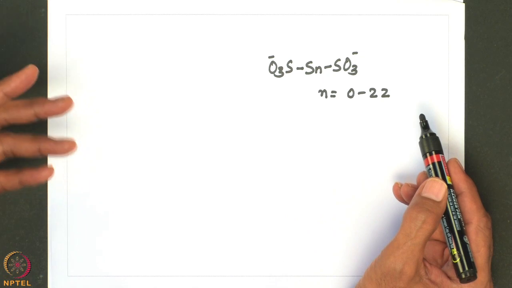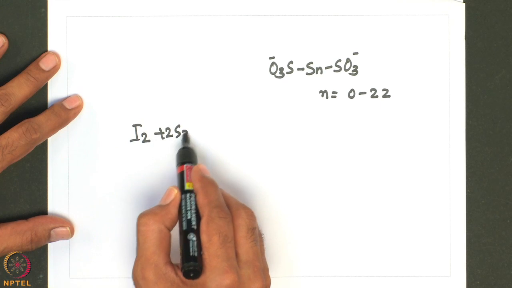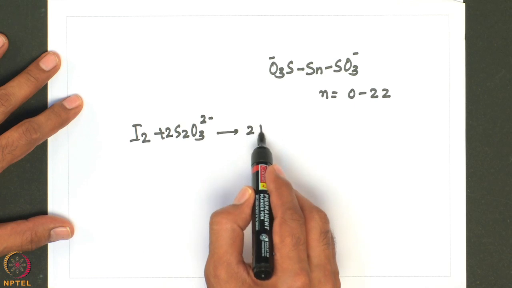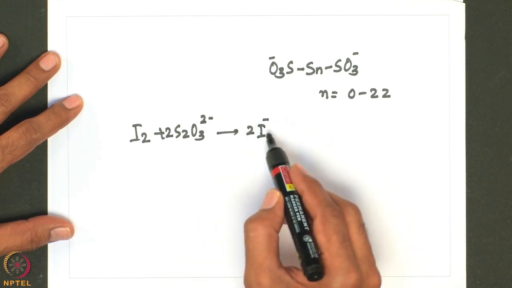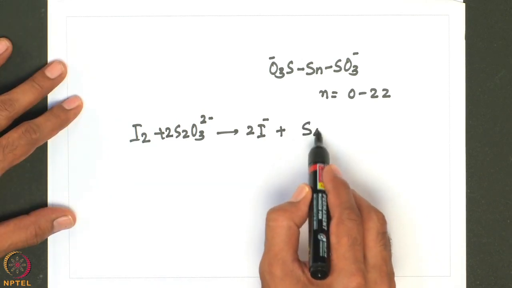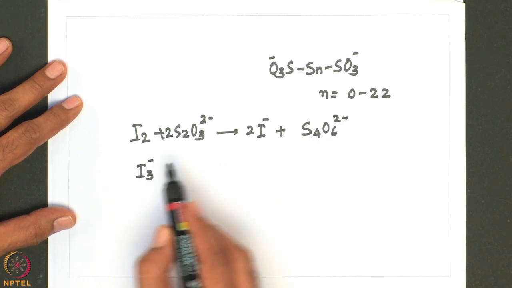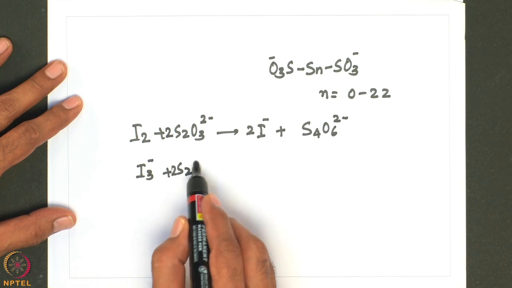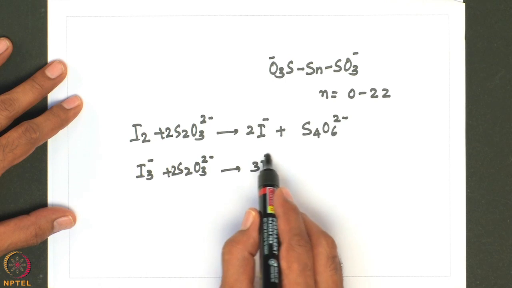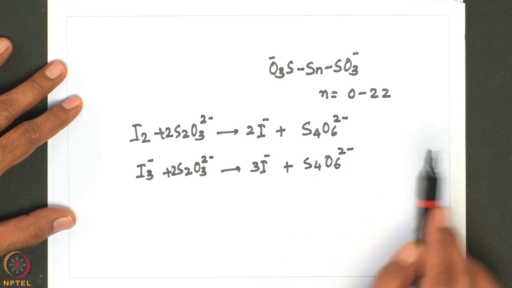How it reacts with iodine can be seen here. For example, I2 when it is treated with S2O3 2 minus, I minus is formed through the formation of tetrathionate S4O6 2 minus, and this I3 minus reacts with S2O3 2 minus to give 3I minus plus S4O6 2 minus.